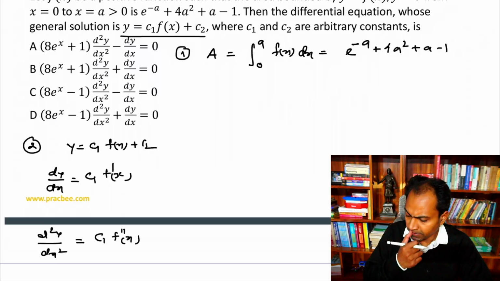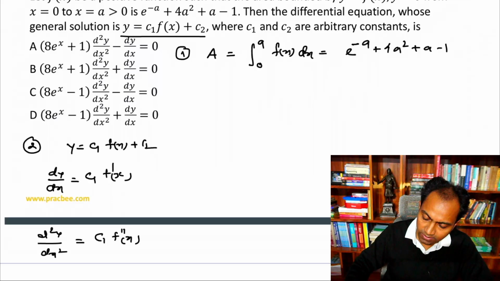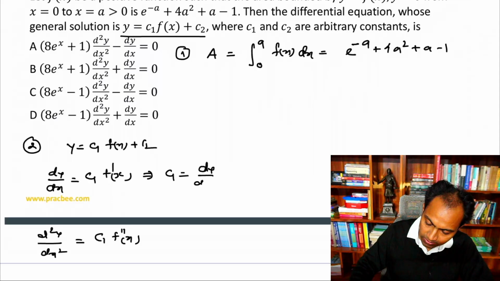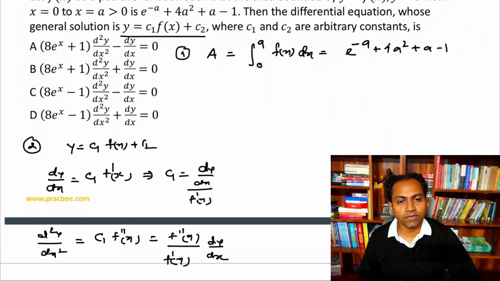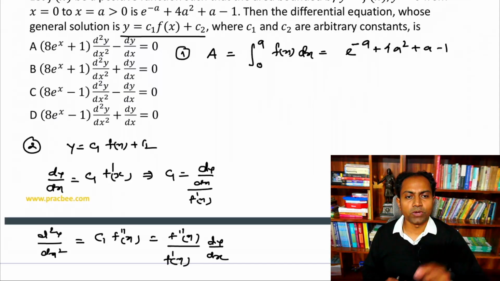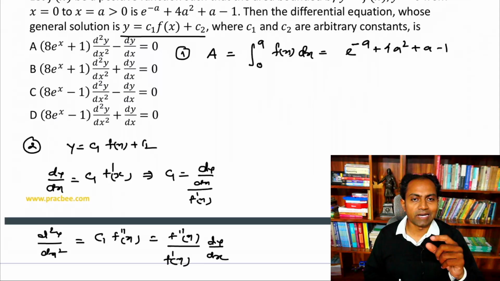And if I now substitute the value of c1 from the first part, c1 is nothing but dy by dx divided by f dash of x. So if I write this up, this becomes f double dash x by f dash of x into dy by dx. This is what we are writing. Now once we have written it down like this, it boils down to getting the value of f double dash of x and f dash of x.